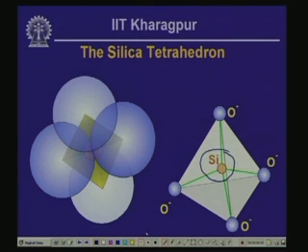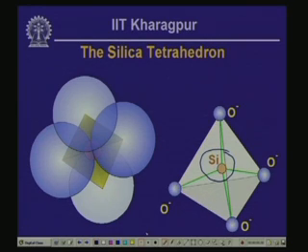Now, this is a schematic. You should realize that the cartoon that is shown on the right of the slide is actually a schematic, and in order to prepare this, we did not consider the relative size of the atoms of silicon and oxygen.